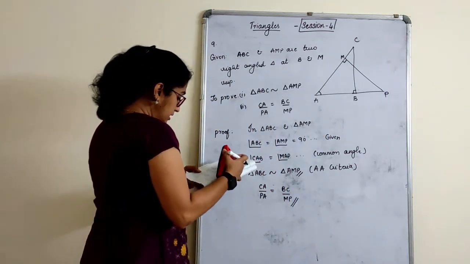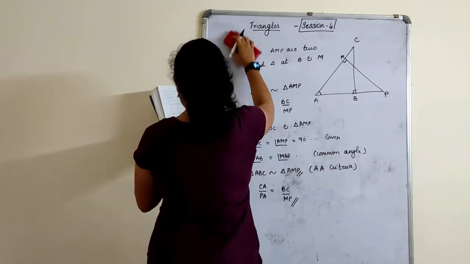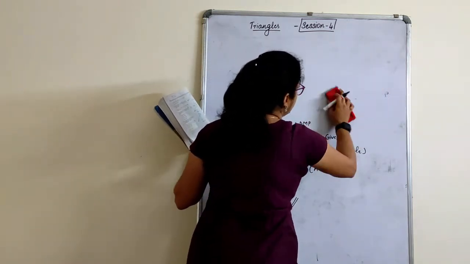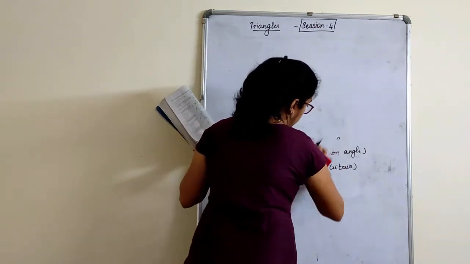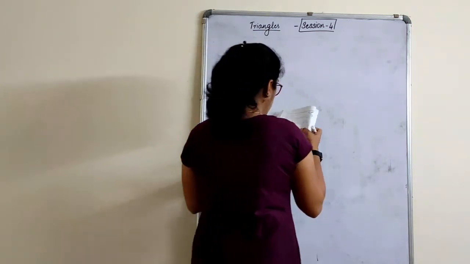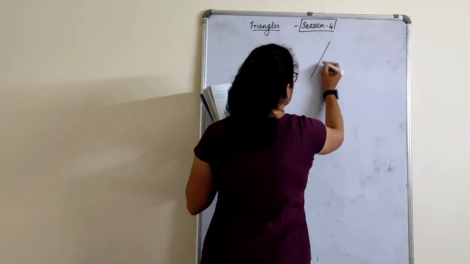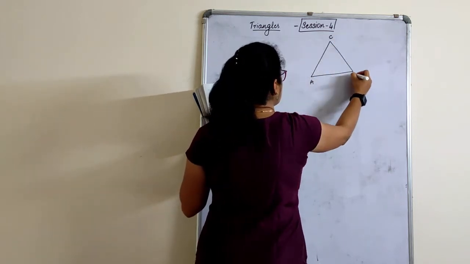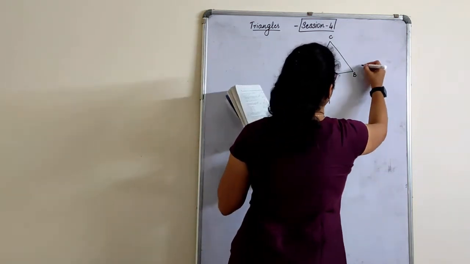The 10th one. CD and GH are respectively the bisectors of angle ACB and EGF. The triangle is not given, so we need to draw the figure for this. First of all, we will consider one triangle as ACB and another triangle as EGF.